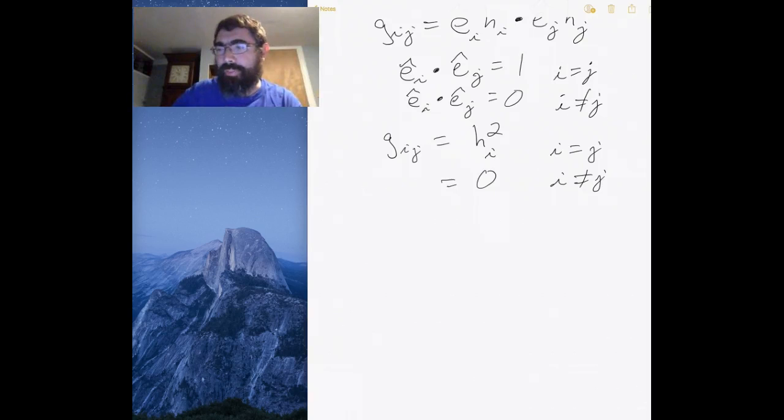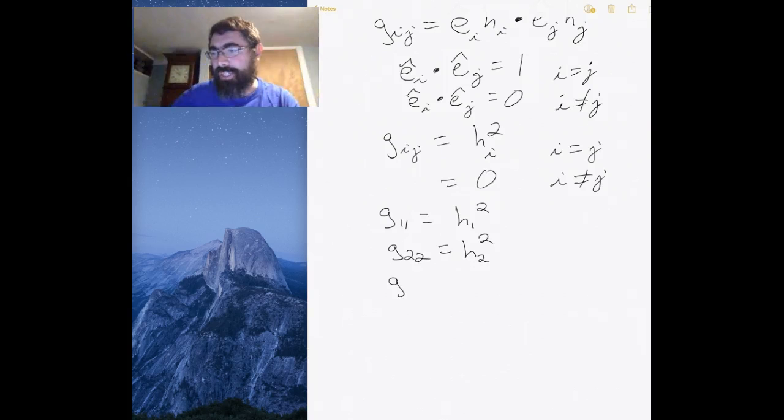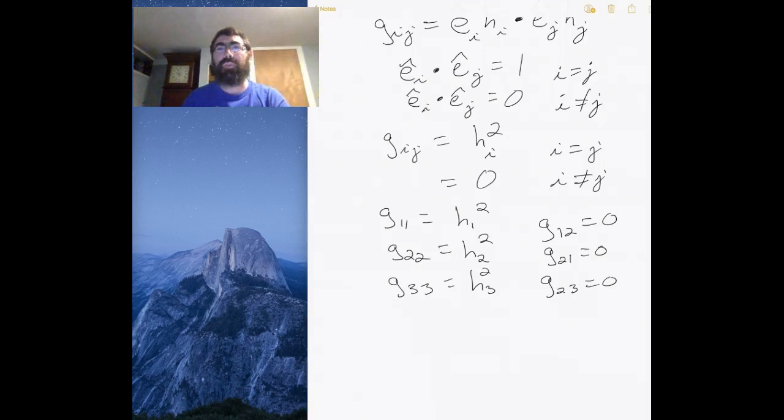Okay, so that means we would have things like G11 is h1 squared, G22 is h2 squared, G33 is h3 squared, and then when i is not equal to j, that's 0, and so forth and so on.